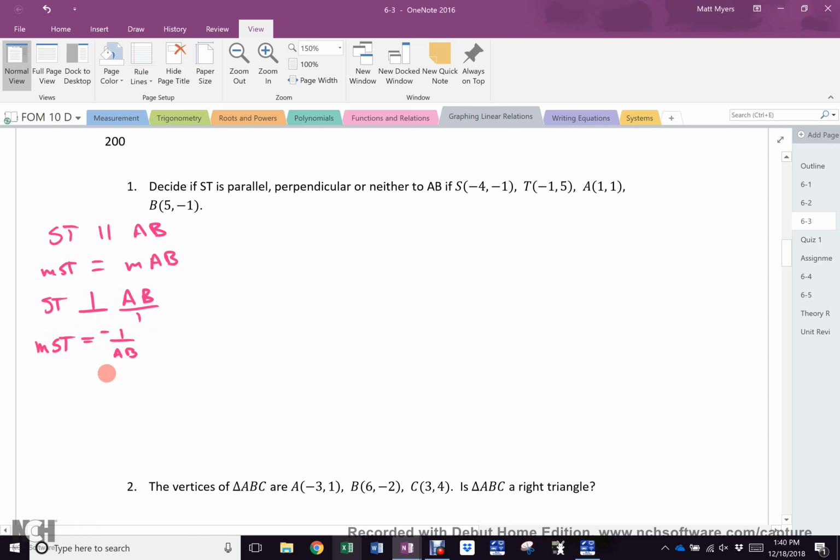How do I find the slope of ST? y2 minus y1 over x2 minus x1. Now, before I go on, if you label your x's and y's differently than mine, does it matter? No.